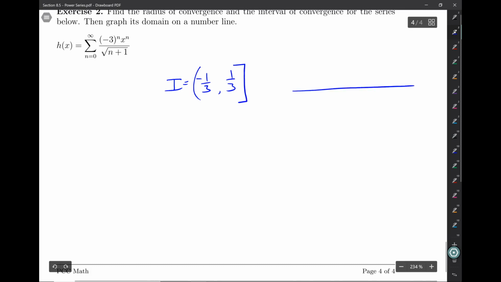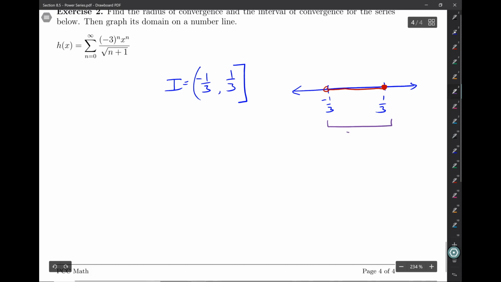From here, we can graph this. We have a -1/3. We have a +1/3. And when we're graphing this, we want everything in between. We want the right side. We do not want the left side, so we exclude that. And from here, we can obtain our radius of convergence. Our radius should be half of the length of our interval.